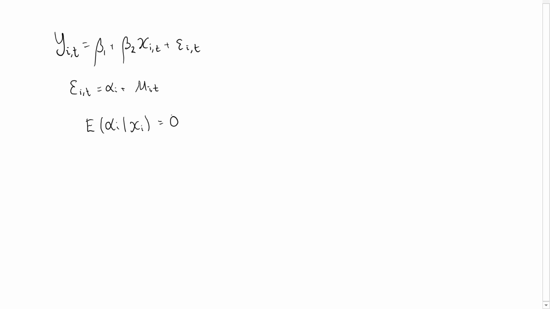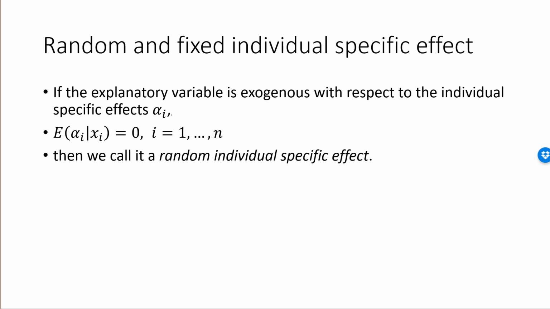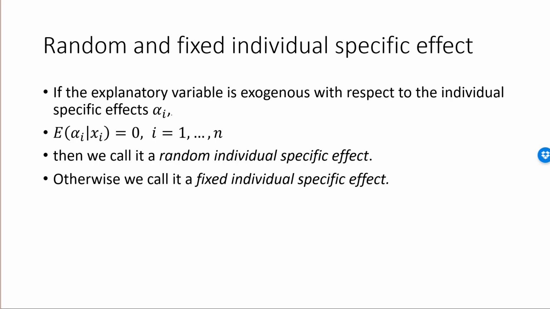If the explanatory variable is not exogenous with respect to the individual specific effect, then we say it's a fixed individual specific effect. The terminology is a little bit strange, but if you just think of fixed as the opposite of random, it makes it simpler to remember.